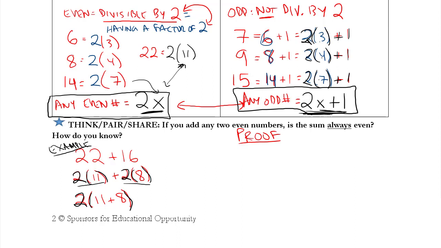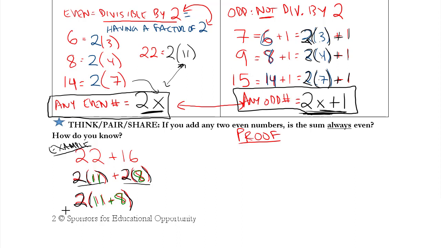So one question for you is, did the numbers 11 and 8 play any role in reasoning that this sum was an even number? No, right? They could have been any old numbers here. They were just hanging out for the ride as we factored and then factored some more, right?